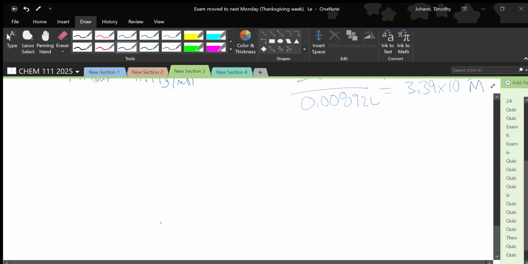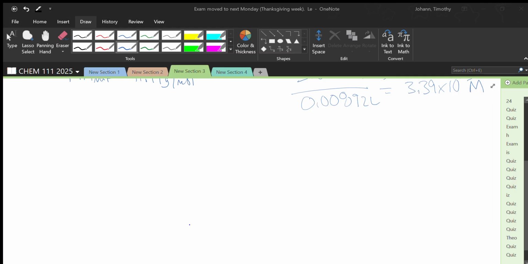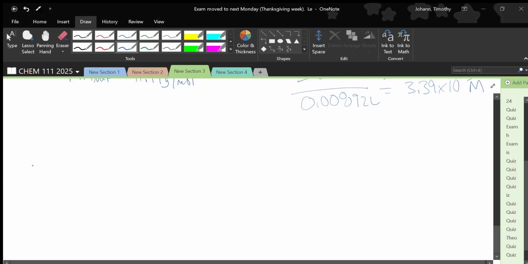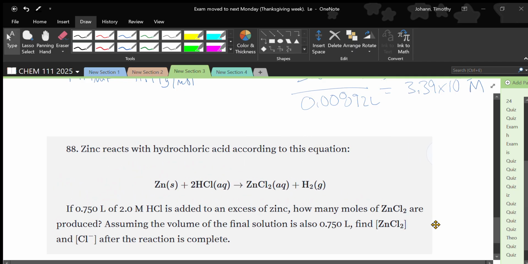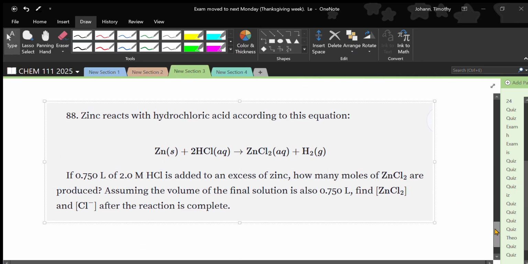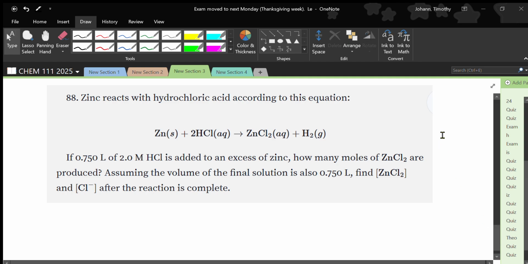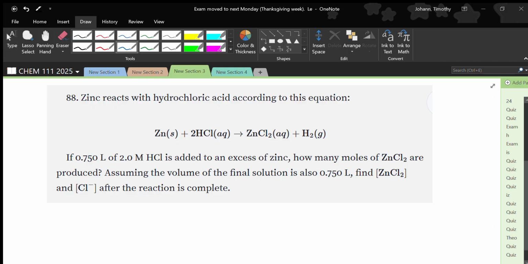Let me grab this and pull this over so it's in the notes. If you're having trouble with this, and a lot of people are, that's okay, this stuff can be pretty abstract sometimes.